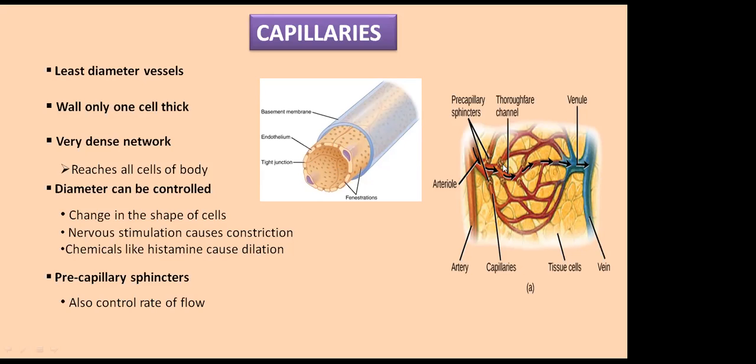Before the start of the capillaries, there are certain sphincters called precapillary sphincters. Precapillary sphincters are nothing but the muscle layer present in the arteriole wall. They reduce the pressure while the blood flows from arterioles into the capillaries, because capillaries have a very thin lining.